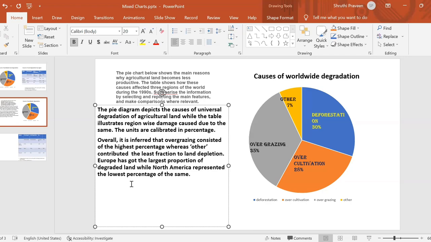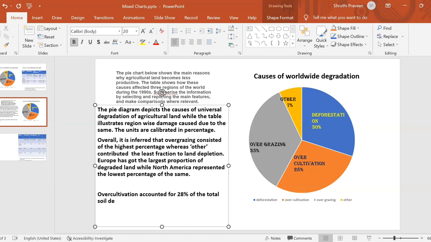So I'm going to write about overcultivation and other. Overcultivation accounted for 28% of the total. Instead of land, I will write soil, because land is soil only.